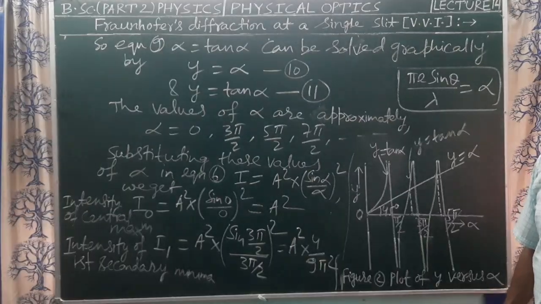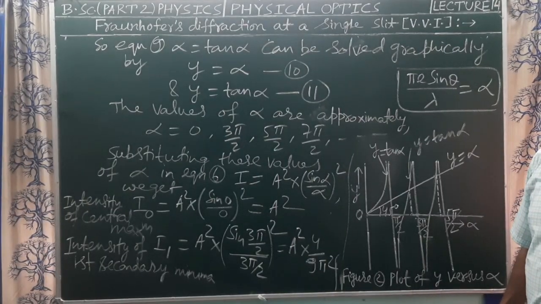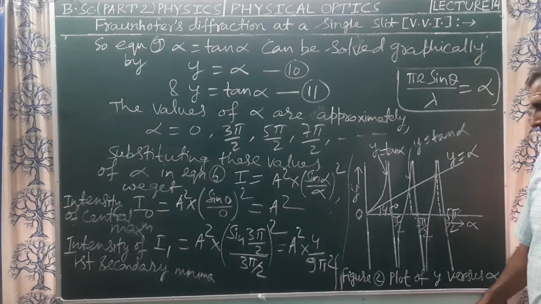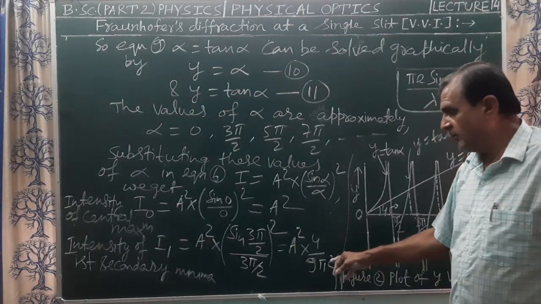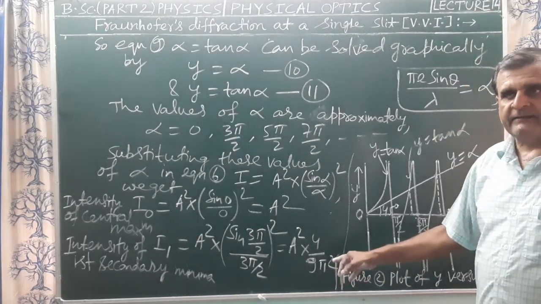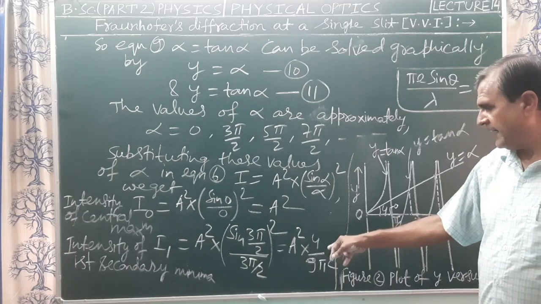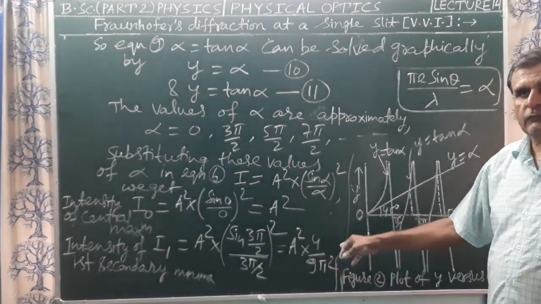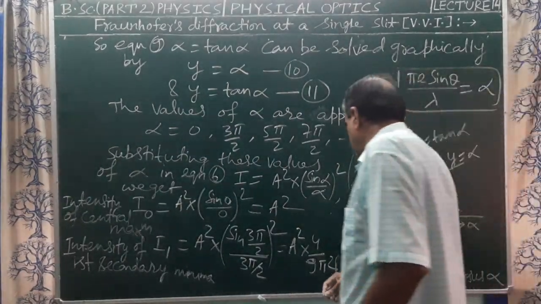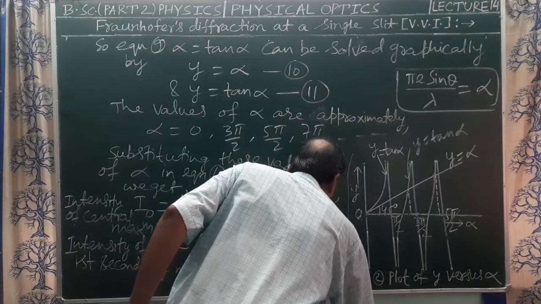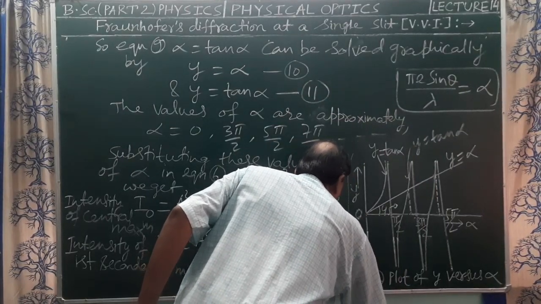After substituting the value of pi square as 9.86, we can obtain approximately, after calculation, A square upon 22. So I1 is nearly equal to A square upon 22.